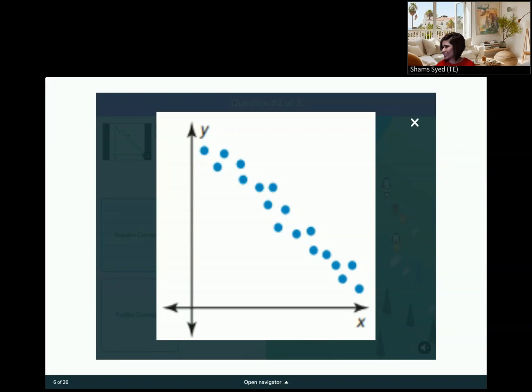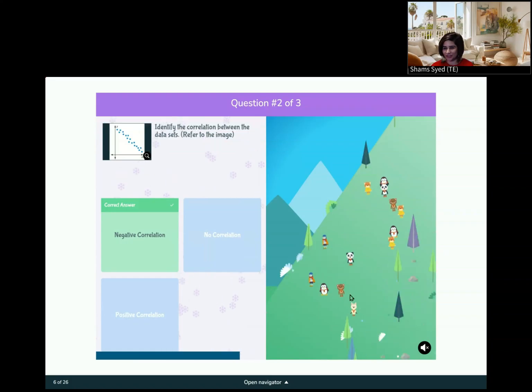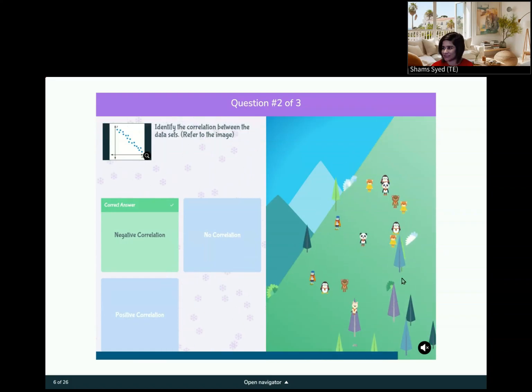We still have 10 seconds more to answer. Please try your best. Almost everybody in the class got it right. It is a negative correlation. Very good. Look at your progress in time to climb, how fast you are all trying to go up.